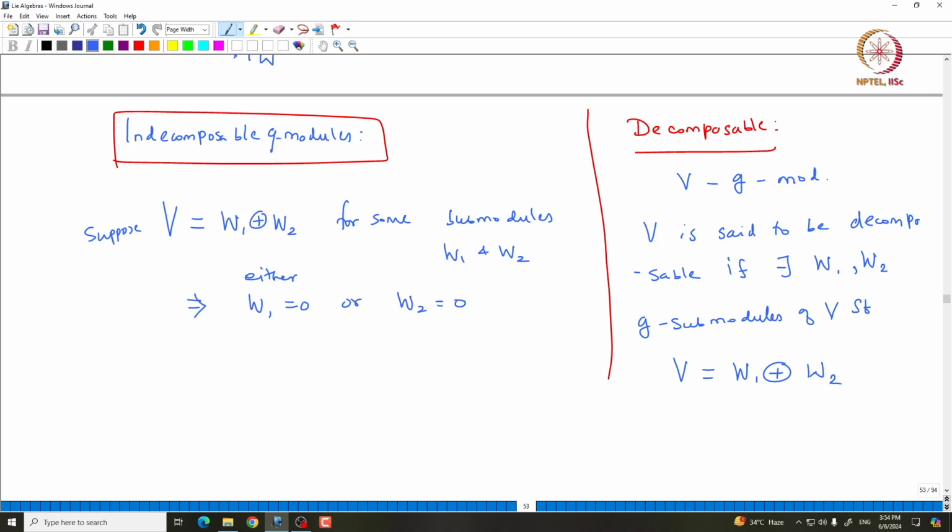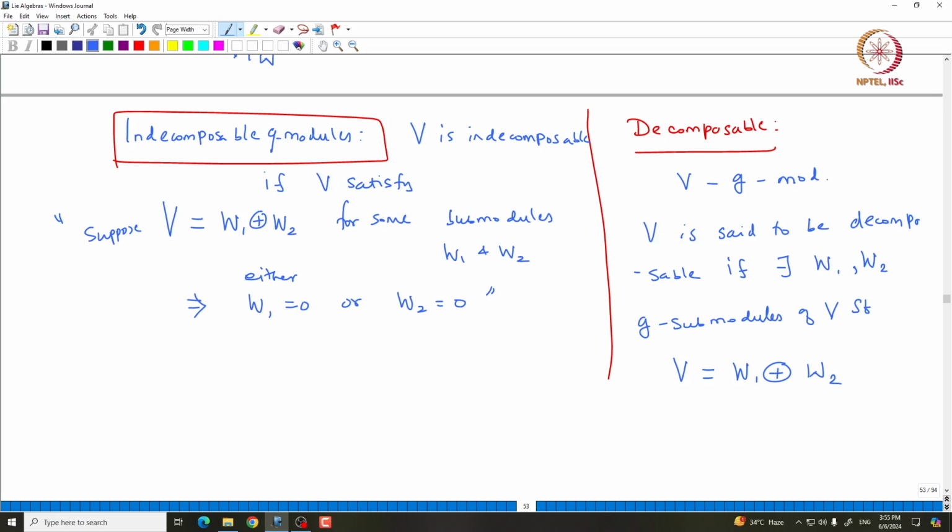If V satisfies this condition, then we call V indecomposable. And one can prove that any finite dimensional representation must be a direct sum of indecomposable representations. One can do that by induction on the dimension.